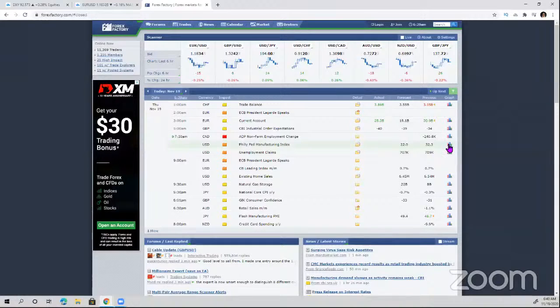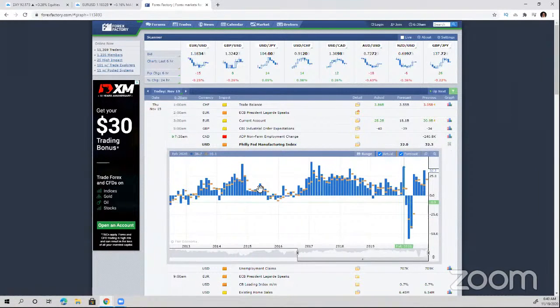We have the Philly Fed Manufacturing Index. This is actually something that I do follow, and if we get a surprise number like we did this past month, in October, we were expecting, let's see, right here around 13, and we got that spike at 32.50, 32.30.